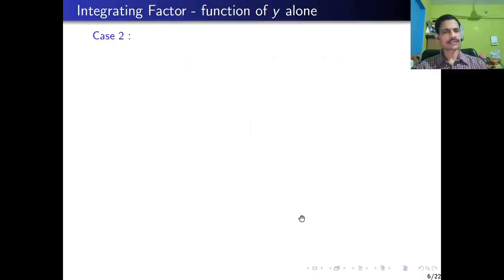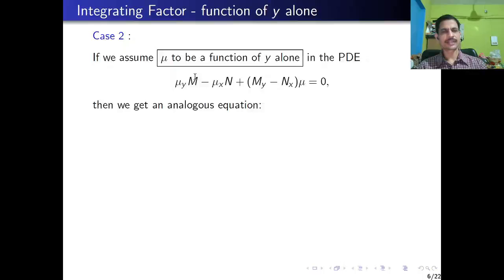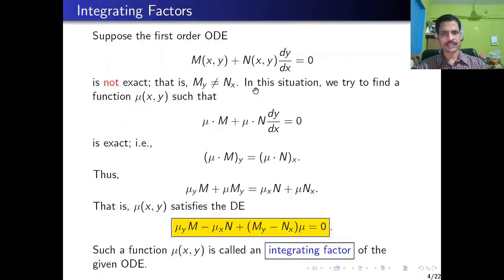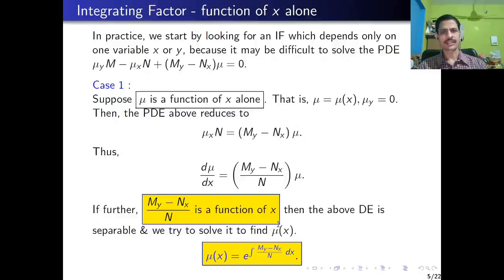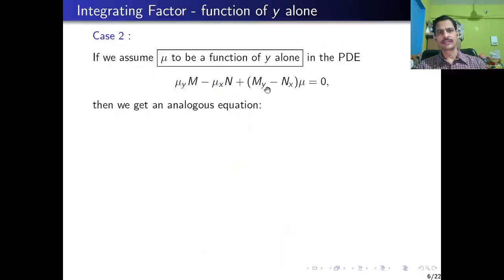Similarly, we can have case 2, a very symmetrical case. This was the differential equation which we had obtained in the yellow box in some slides behind. If we assume that mu is a function of y alone, then again one of the terms gets cancelled, namely the partial derivative of mu with respect to x is 0, because mu is a function of y alone.